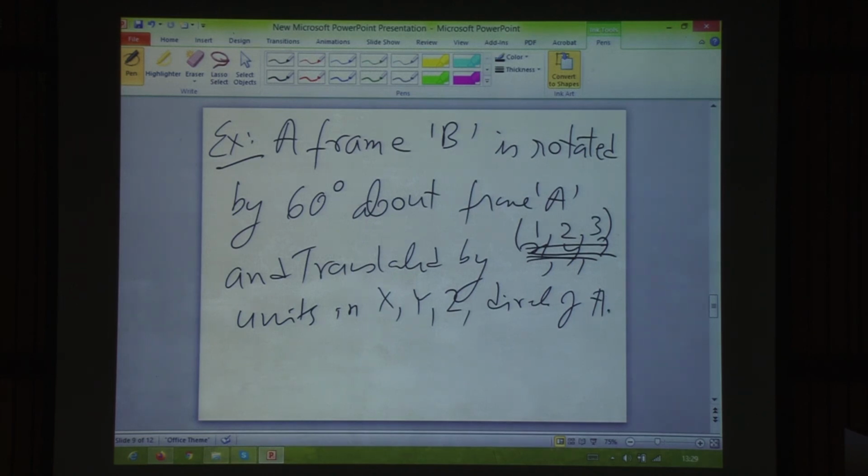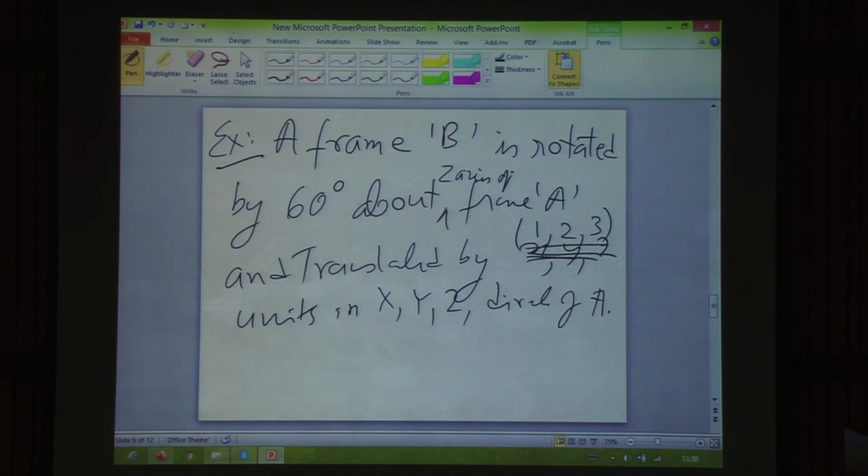Let us understand what this says. There are 2 frames, A and B. Frame B is rotated by 60 degrees about the z axis of frame A, and then it is translated by 1, 2, 3 units in the x, y, z directions of A. So the question is clear.